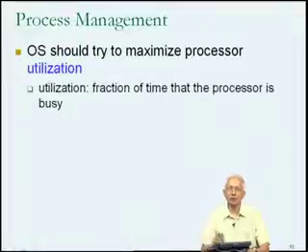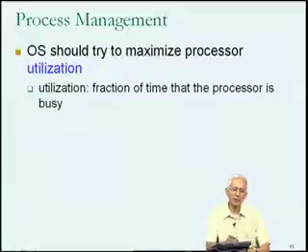What do I mean by utilization? By utilization, I mean the fraction of time that the processor is busy. So if the operating system is able to make sure that the processor is fetching and decoding and executing instructions 100% of the time, then conceivably it will be much more effective in reducing the delays that users see and making programs run much faster.